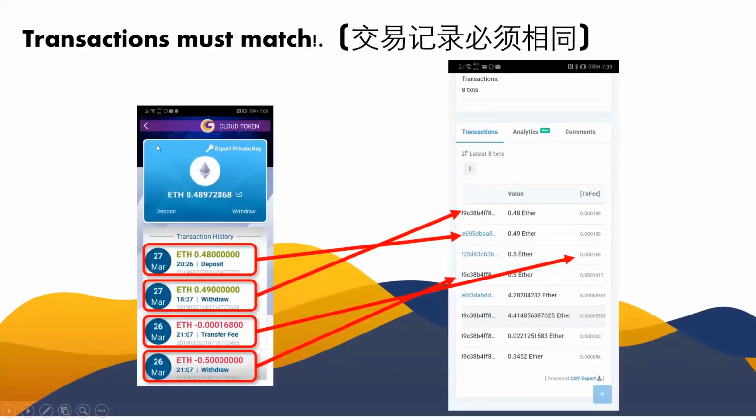The second thing you need to check is that the transactions must match. This clearly shows that we are reading from the chain itself. On the 27th March, I have this 0.48 deposit. So you have this here and 49 here, and we have a gas fee and a withdrawal.